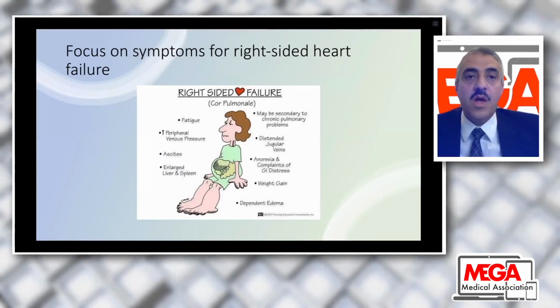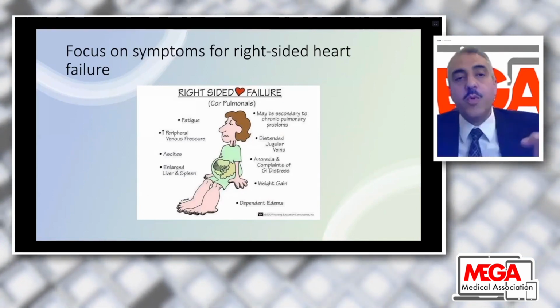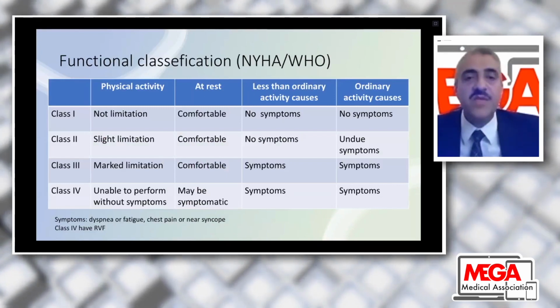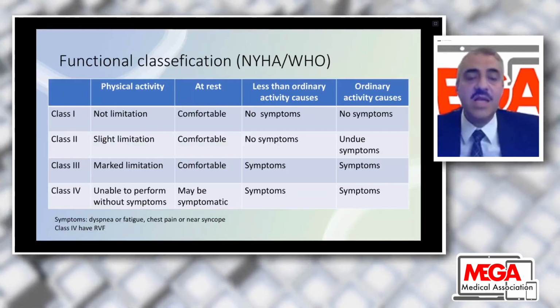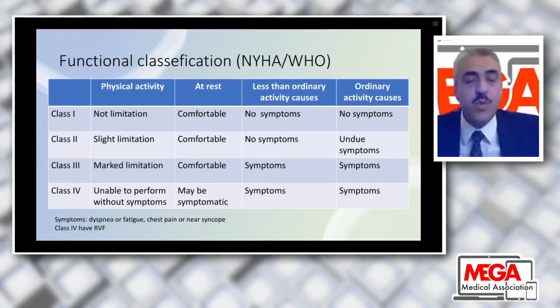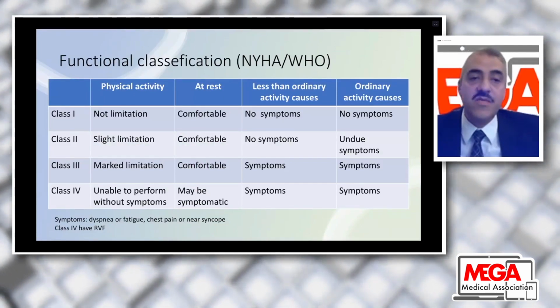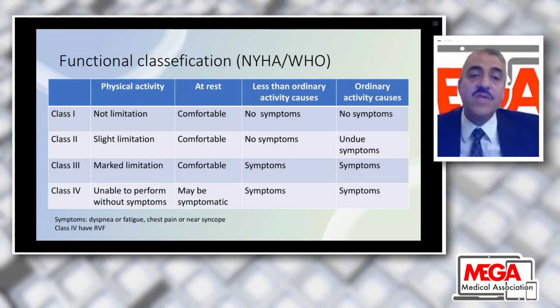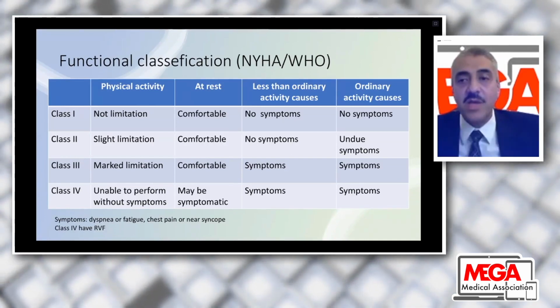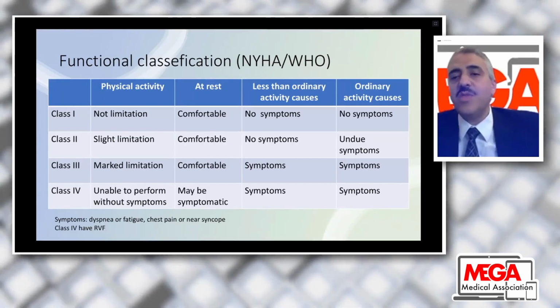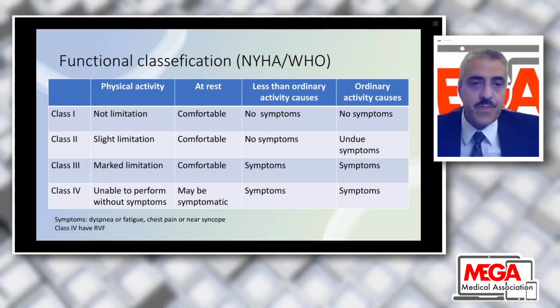The anesthesiologist should put the patient in his functional classification according to the NYHA WHO classification. This classification depends on the physical activity of the patient. Class 1, no limitation of physical activity. Class 2, slight limitation, however the patient can perform his ordinary activity with few symptoms.